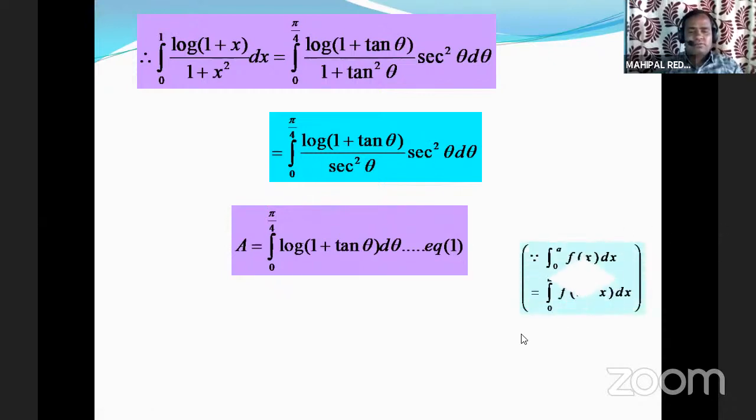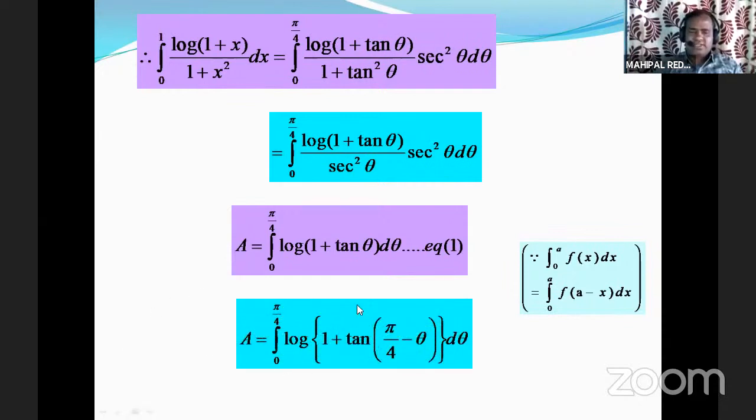What now? We know the property: integration 0 to a of f of x dx equals integration 0 to a of f of a minus x dx. That means the variable theta is replaced by pi by 4 minus theta, since the variable is theta and the upper limit is pi by 4.